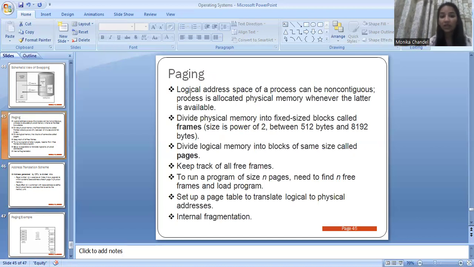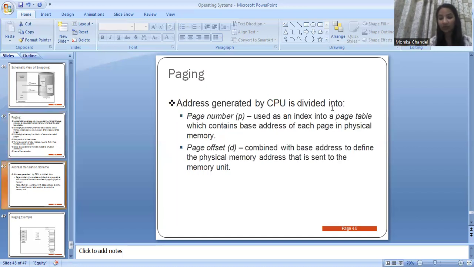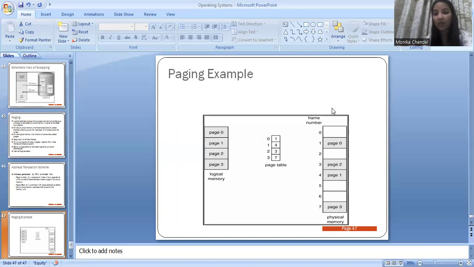Or we can say that paging is a logical address space of a process that can be non-contiguous; the process is allocated physical memory whenever it is available. Non-contiguous means the processes can be stored in any frame or any part of the memory. It's like page 0, page 1, page 2 and page 3: page 0 is in one frame, page 2 is in the third place, page 1 is in the fourth place and page 3 is in the seventh place.